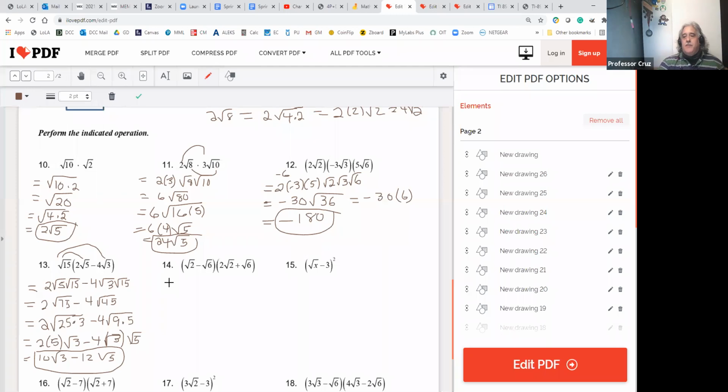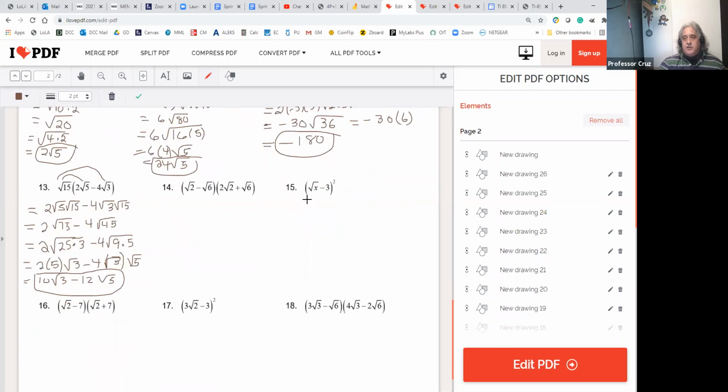All right, now the FOIL method is going to work on most all of these, but there are certain ones that follow a specific pattern because we have the sum of squares here and what we call the difference of squares, and we can use that shortcut formula if we wish.